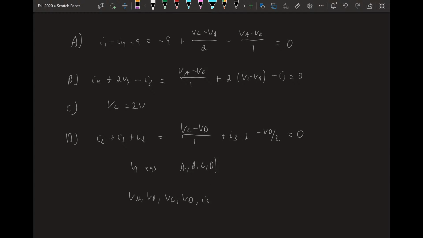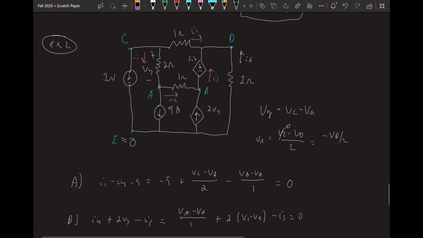And now there are 2 ways of doing this. You could notice that if you add the equations for B and D, I3 will cancel out. Or you could notice that you can write VB and VD in terms of each other. If we look back at the circuit, we can say that VB plus 3IX equals VD. We know what IX is.